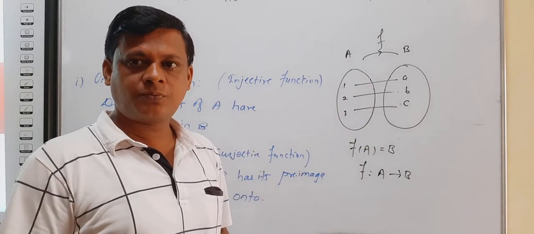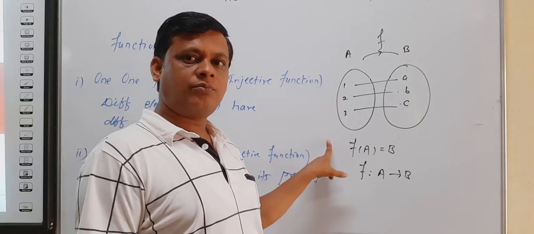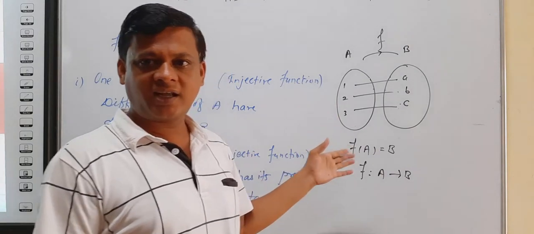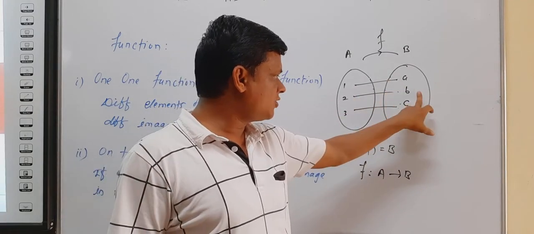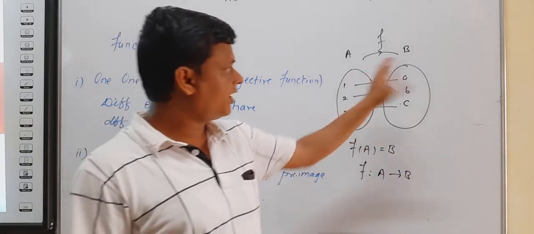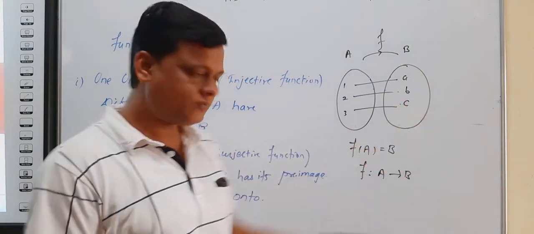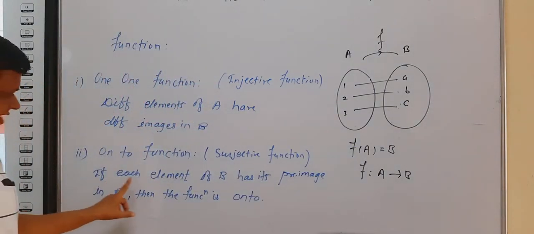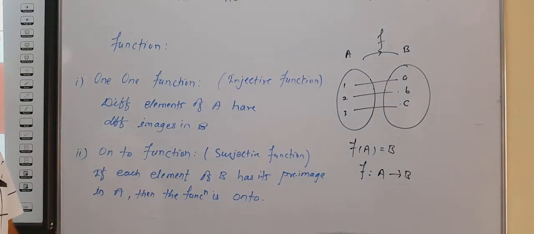So don't confuse image and pre-image. We use the word image for the elements of set A. So the image of 1 is a, the image of 2 is b, the image of 3 is c. Pre-image we consider for the elements of set B. So in the definition, if each element of B has its pre-image in A, then the function is onto.